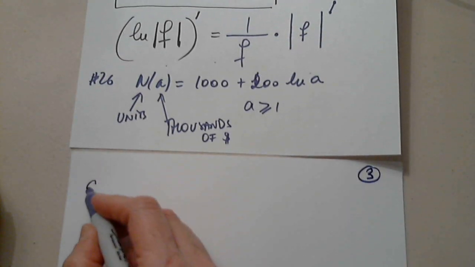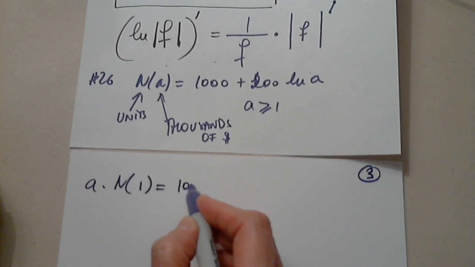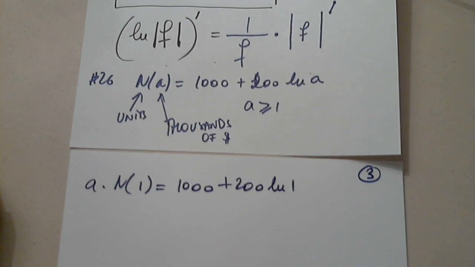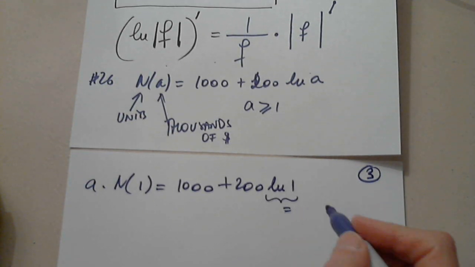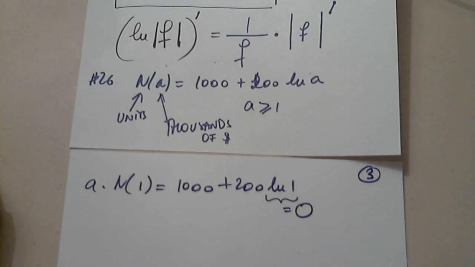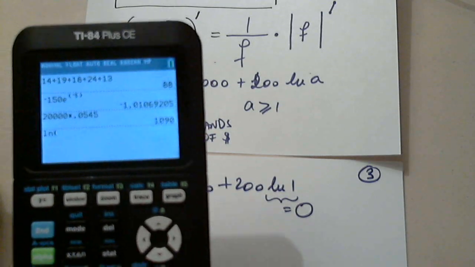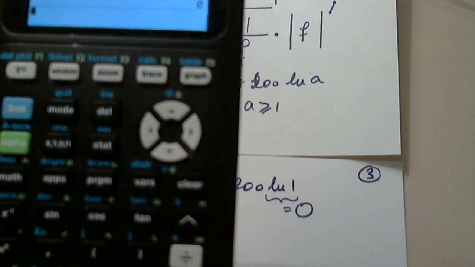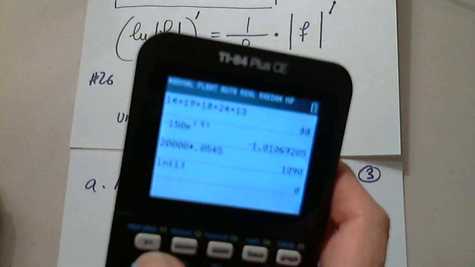So N of 1 equals 1,000 plus 200 natural log 1. How much is natural log 1? Natural log 1 is 0. If you ever have any doubts, go to natural log, plug in 1, close the parenthesis, and enter. Good.